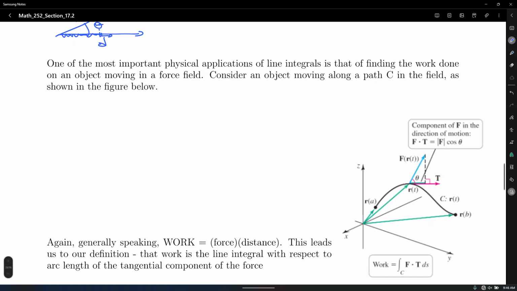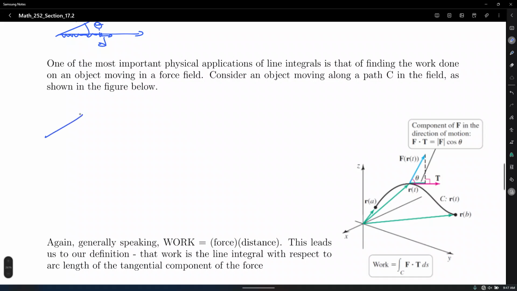It's the same situation. In this case, we will be finding the work done by the force in moving that particle. So that's what we're going to calculate here, and it could be positive or negative depending on the direction it's going.